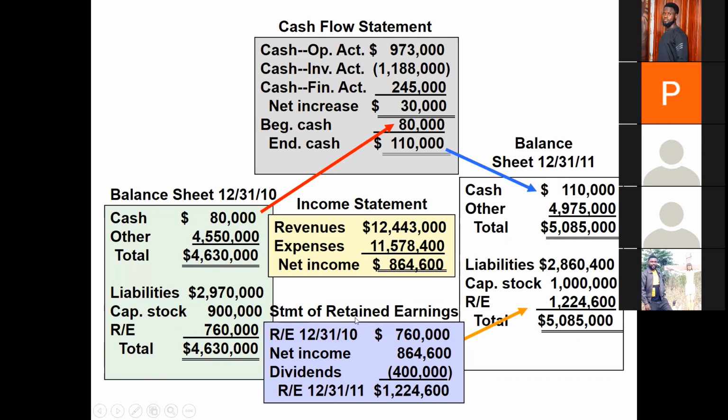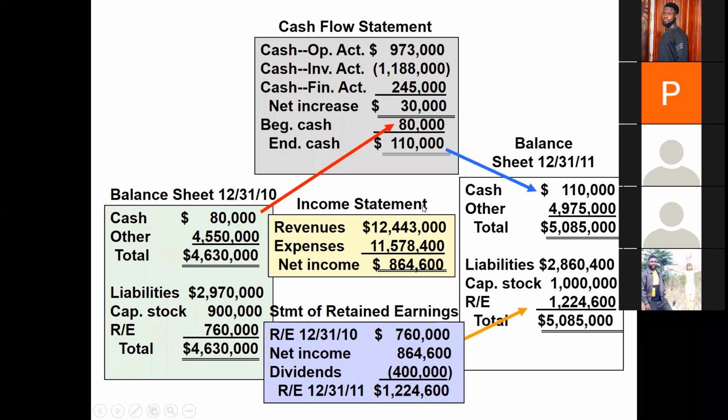This statement of retained earnings is being prepared in 2011. So in this 2011, when we want to get our beginning retained earnings, we have to pick it from the ending retained earnings of 2010, which is 760,000. So they have it here. Now the net income, we have to go and pick our net income, which is here.